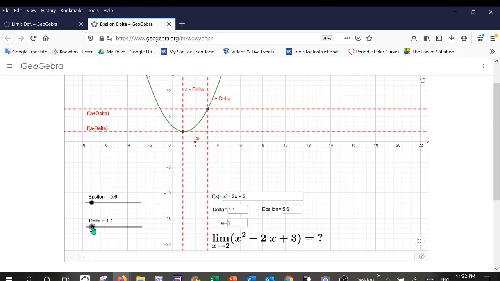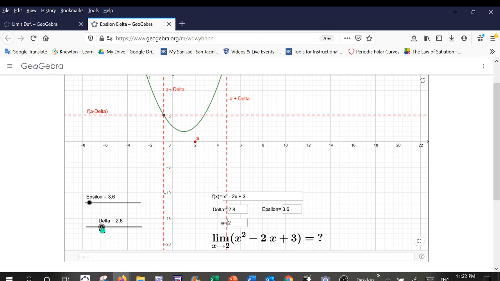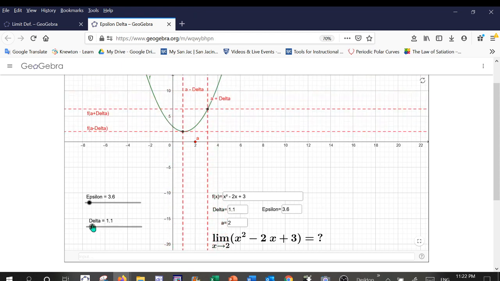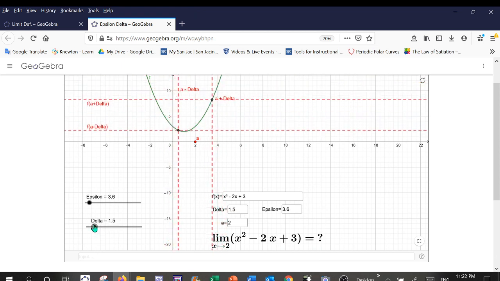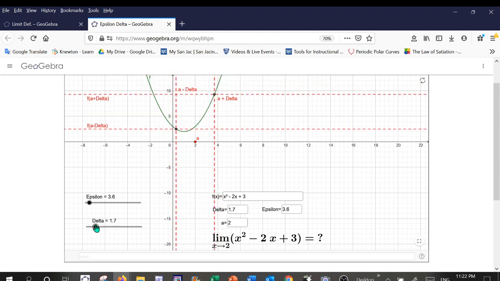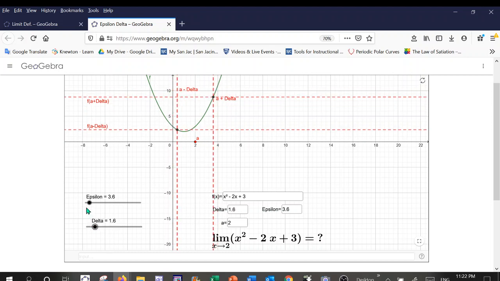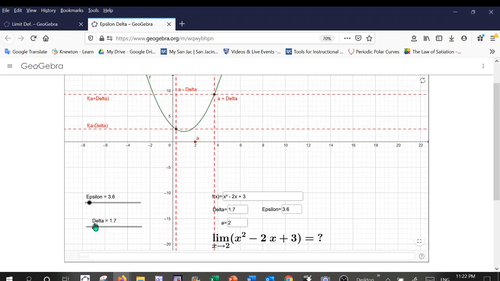You can change the values of epsilon and delta and see this is epsilon and then this is delta, and see how that band changes. See, the band changes for every value of delta.